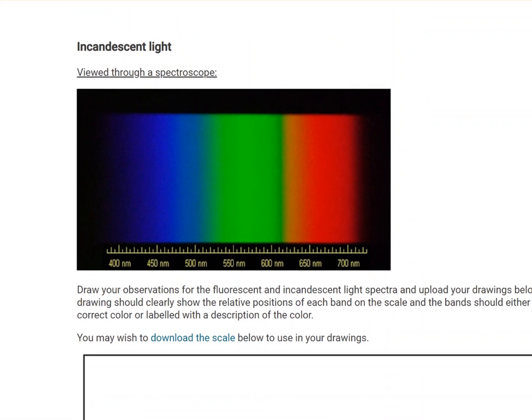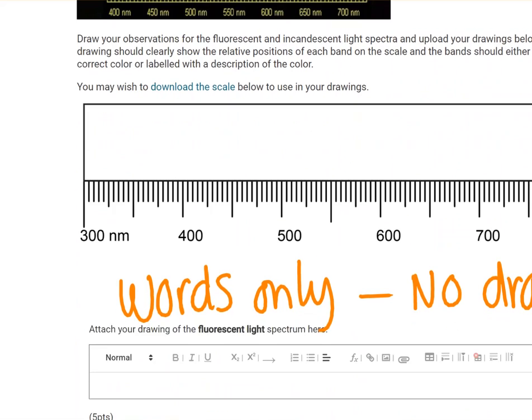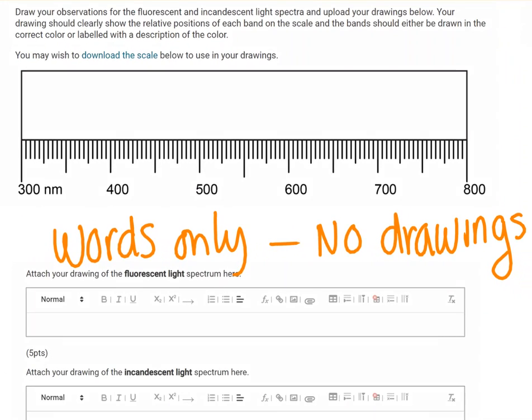On this one, I don't even think it looks right, but I would just describe it as blue, green, and red, and I wouldn't worry about wavelengths. Like I said, this one looks kind of funny to me. When you're describing these, you don't have to do drawings. You're just going to use words, and for those words you're going to describe with color, and wavelength in nanometers is fine.